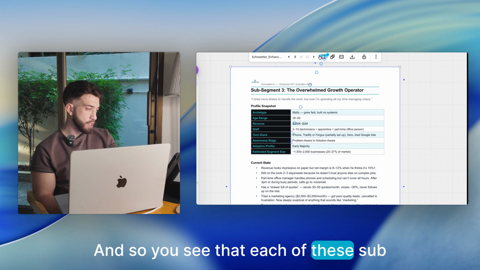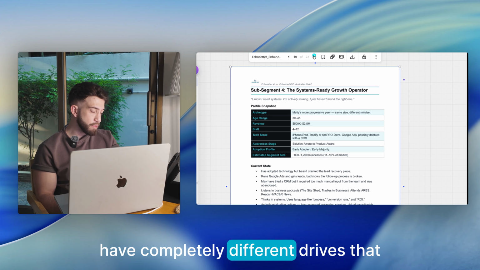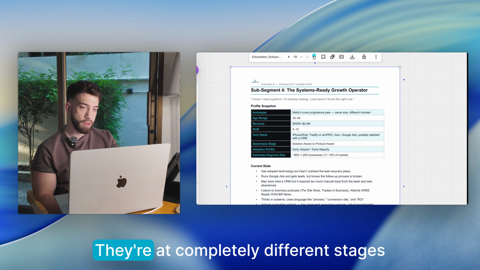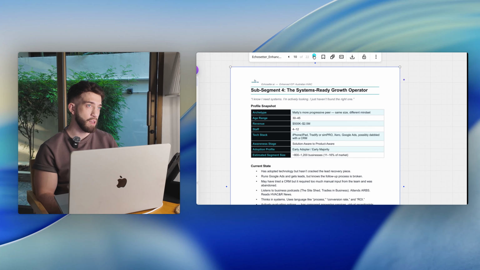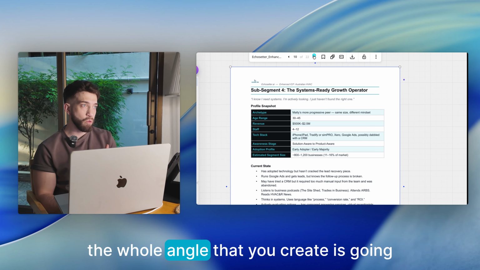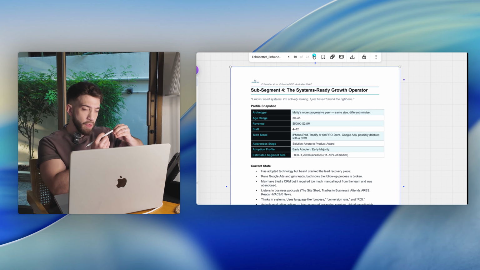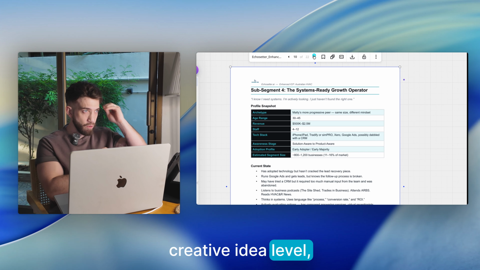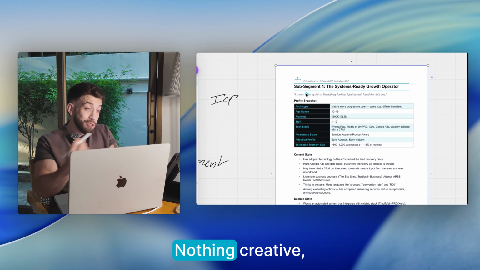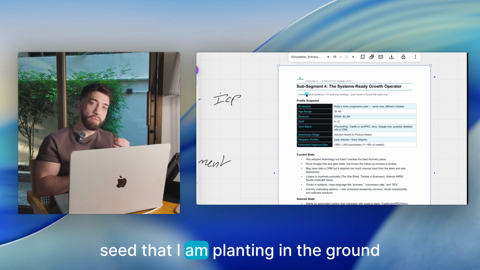And so you can see that each of these sub-segments has completely different drives that will convert them. They're at completely different stages of their business. And so the output of the copy, the output of the ad and the whole angle that you create is going to be distinctively different at the creative idea level, at the fundamental seed that I am planting in the ground.